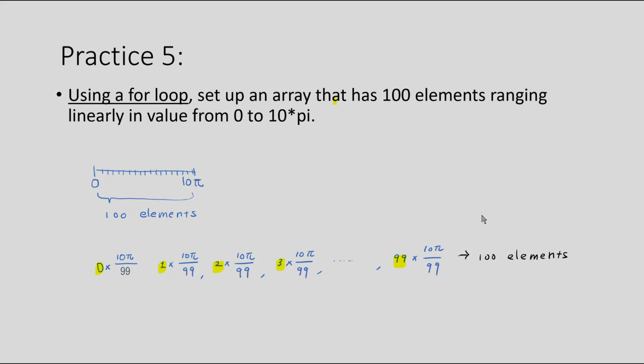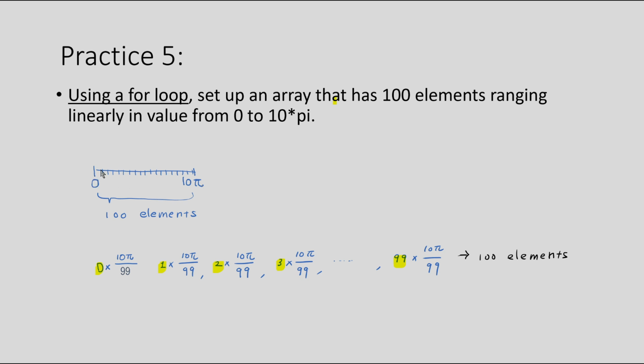In practice 5, we are still using a for loop and creating an array that has 100 elements ranging linearly in value from 0 to 10 pi. So we have to make an array with 100 elements, but the 100 elements start from 0 and end at 10 pi exactly.